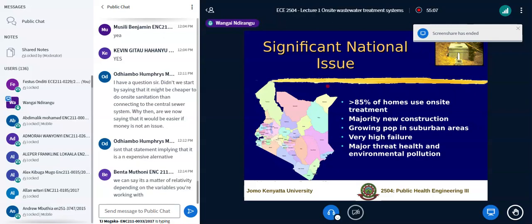So I have already explained this. Going back to the slides now, why is this an important issue to us? Remember, we talked about improved sanitation, and we said in some counties, a good number of them, Lamu, Muranga, Nakuru, Kericho, we have improved sanitation, meaning at least there is a pit latrine.